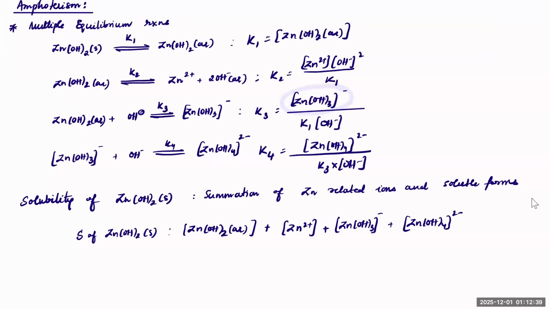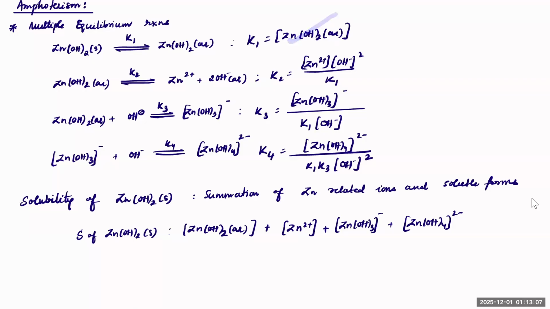The Zn(OH)3- concentration is obtained from this equation, and is equal to K1 K3 times OH-. Therefore Zn(OH)4 2- will be K1 K3 K4 times OH- squared.